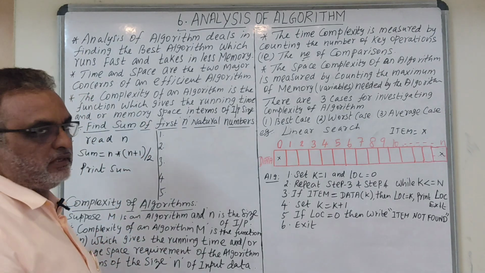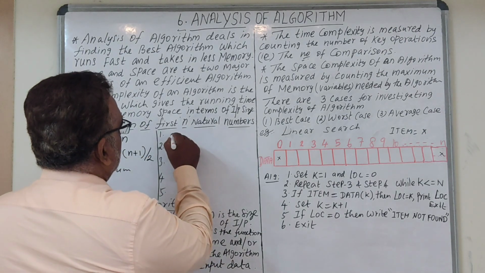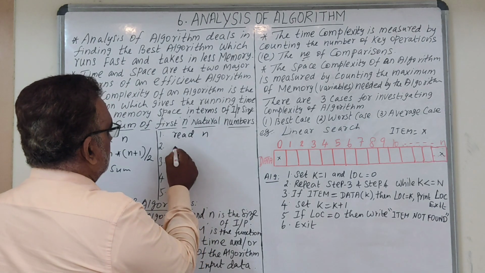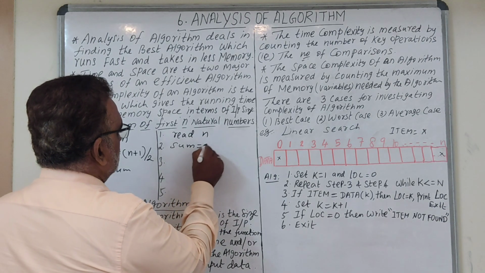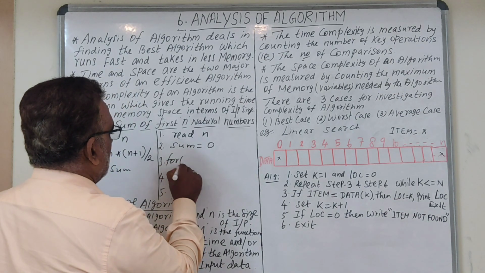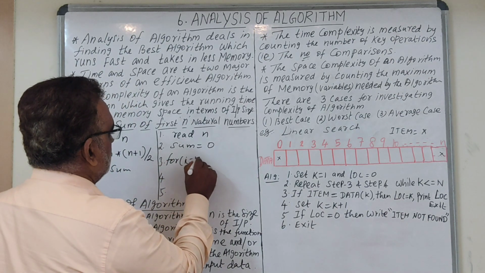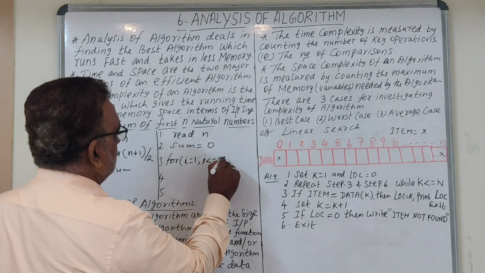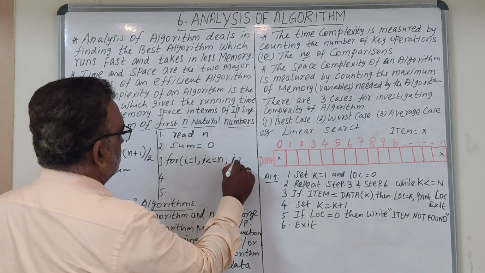There is another method of writing this algorithm. Read n, sum is equal to 0, for i is equal to 1, i is less than or equal to n, i plus plus.